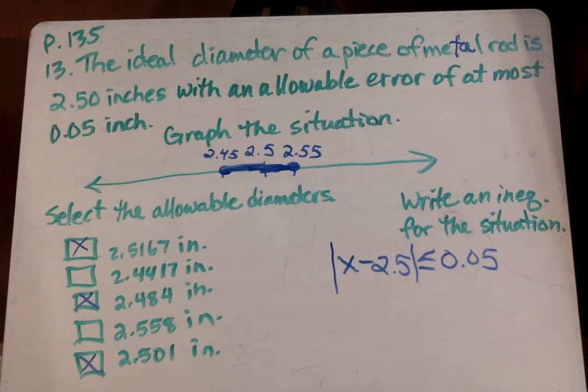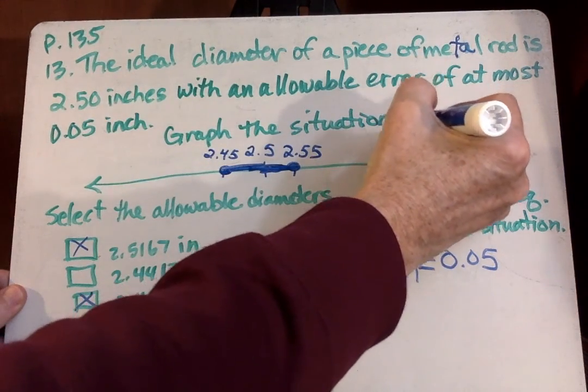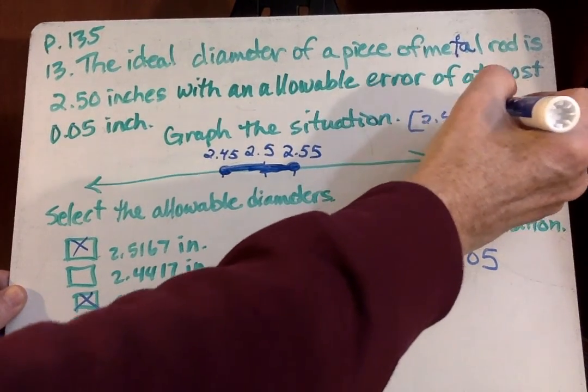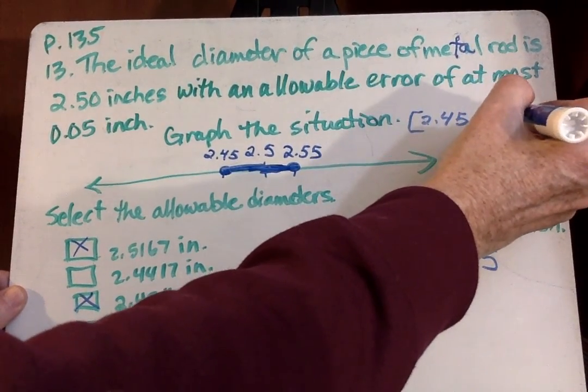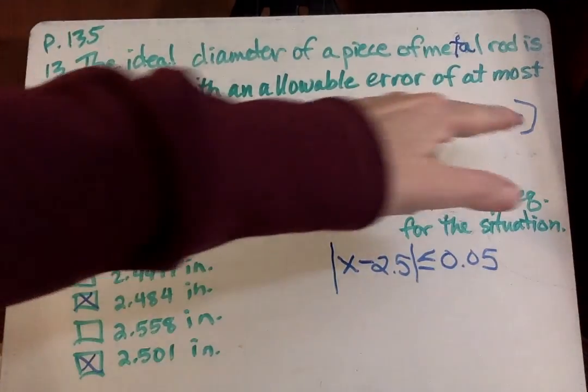Oh, and I needed to remember the interval. It doesn't show an interval, but I'll just do it for the fun of it. We go from 2.45, comma, to 2.55. And again, those are brackets.